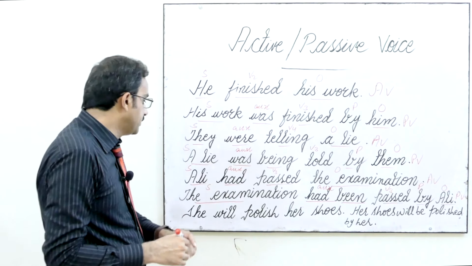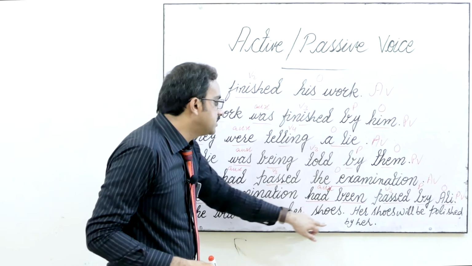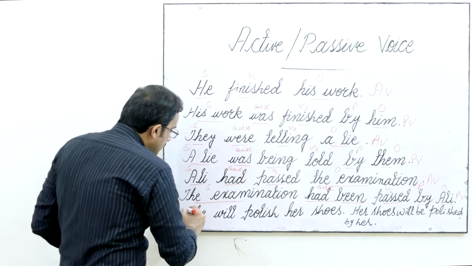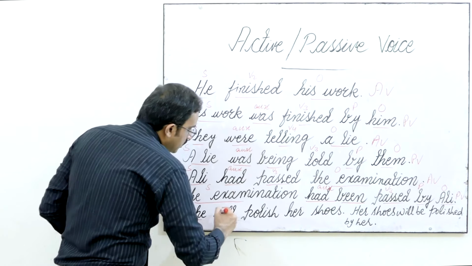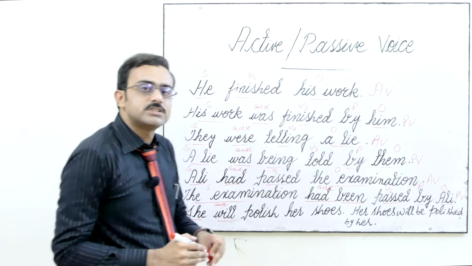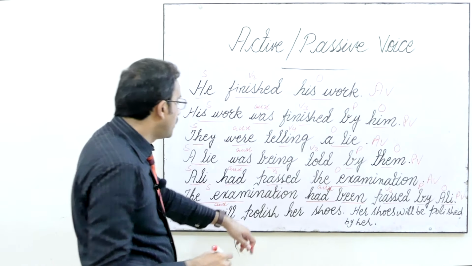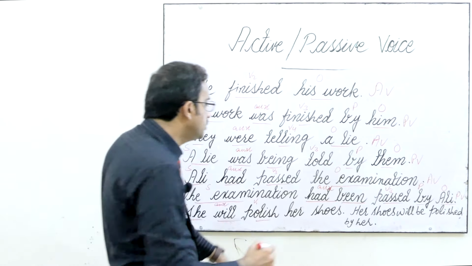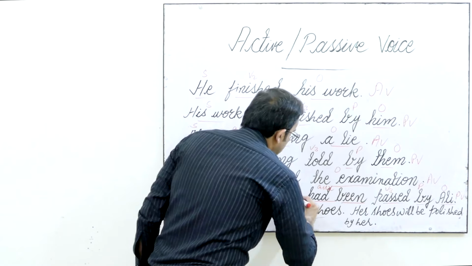So in future simple, she will polish her shoes. So she, this is your subject. Will is your auxiliary. In future simple, we use shall and will auxiliaries. And polish is your first form of verb. And then her shoes is your object.